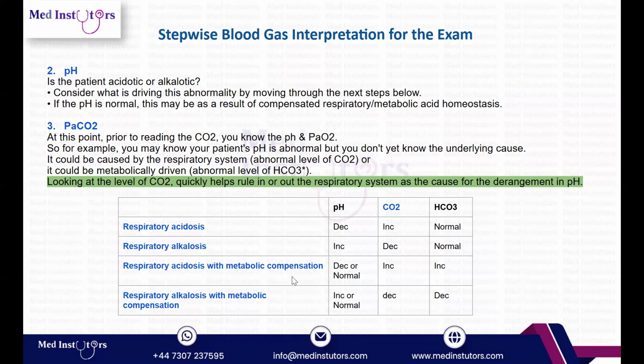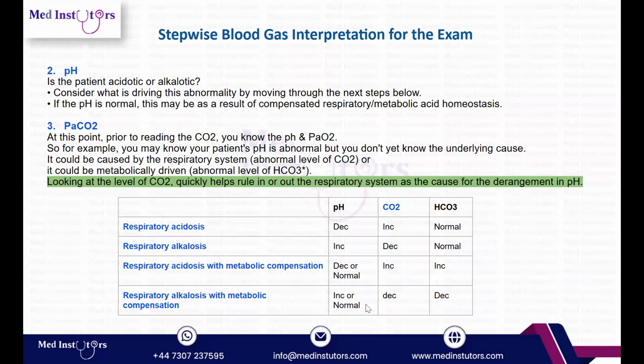Okay, the concept of compensation is that if, for instance, respiratory acidosis is going on, the pH is decreased and carbon dioxide is increased. After a few days, the kidneys sense that something is going wrong. The body has a large amount of acid, so the kidney starts to compensate for that acid.